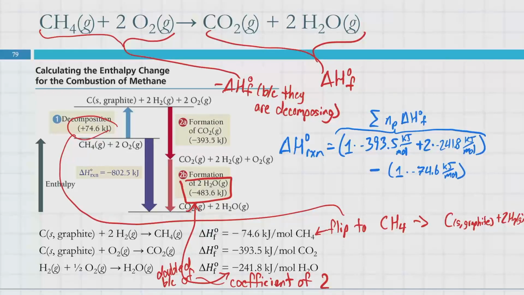And we only have to do 1 since O2 is already in its standard state. And that is the sigma n_r with the standard heat of formation. So that's what the math would look like if we wanted to use that equation.